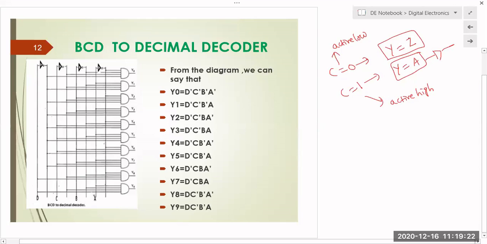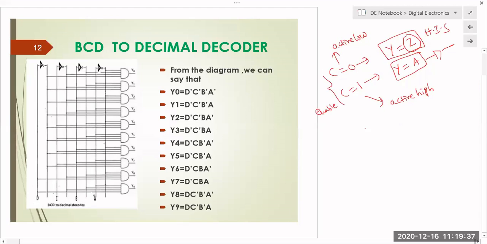That state where we cannot determine the output is called high impedance state. Okay, yes sir. This is your tri-state buffer which has 3 states: input state, output state, and enable state or control state.